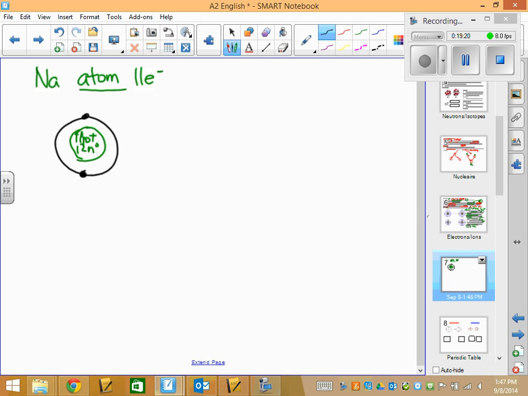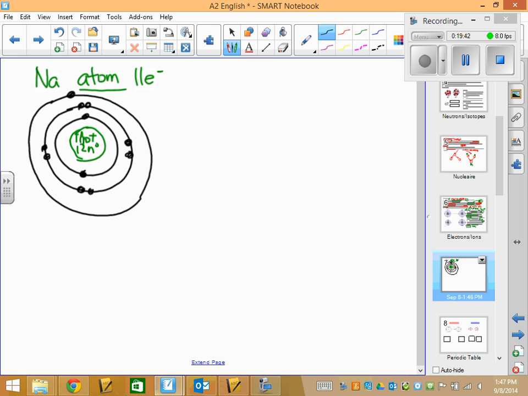That is the maximum for the first level. The second level can hold 8. So I would draw a second energy level with 8 electrons. If I'm keeping a running total, that's 10 altogether. But there needs to be 11. So I would draw a third energy level with just 1 electron on it. That's what an atom of sodium would look like.